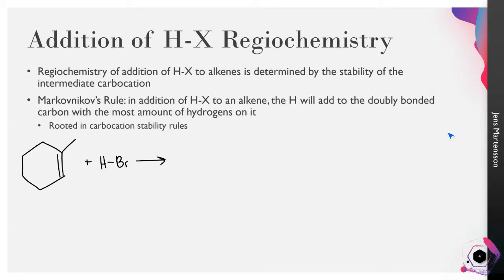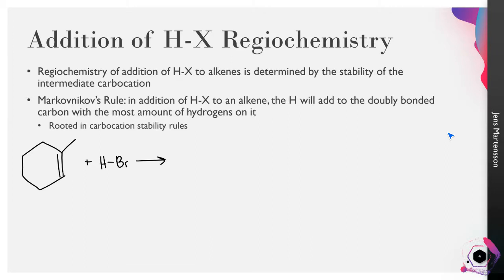Okay, so where's the pen? So these addition reactions have regiochemistry. And regiochemistry, remember, is studying the distribution of the different structural isomers, as in which one is the major product. And structural isomers have the same formula but different connectivity.